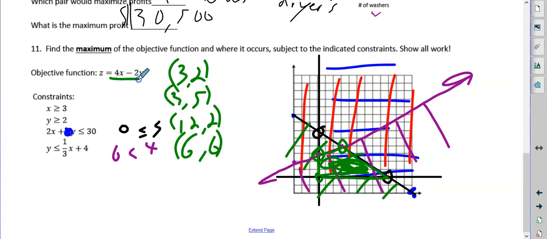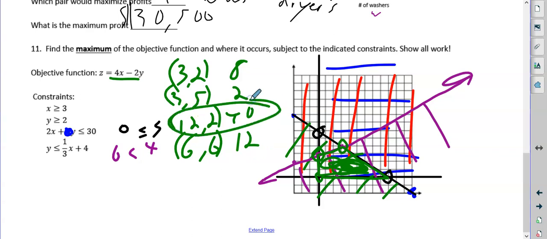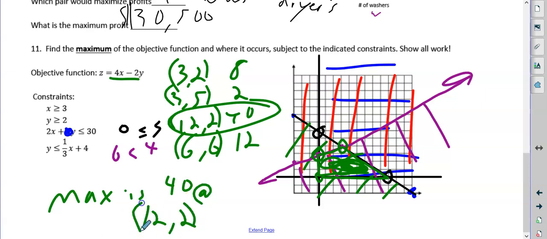Now, when I plug those into this objective function right here, I get 8, 2, because remember I'm subtracting, 40, and 12. So there's my winner. The max is 40 at 12, 2. And that's it for this chapter.